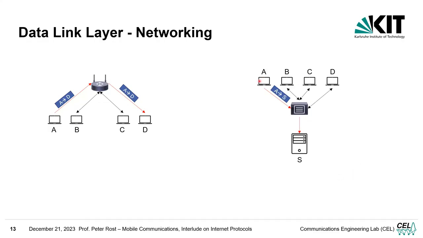Okay. Then you have here this terminal A, and A wants to communicate with S. As in the example before, A would now send a message and include the address of S. Then you would come to this device, which would be a bridge, or switch in this case, and it would see, aha, okay, this frame is intended for S. S is connected here on this port and then forwards the packet.